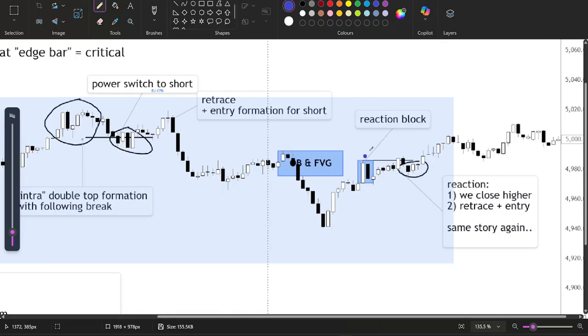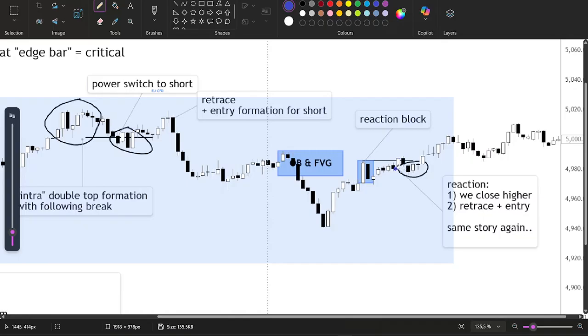So we reach the reaction here from the block, right? We reach this spot, and we see a reaction, and now it doesn't want to close below, doesn't want to close higher, but the white box, it does close higher.